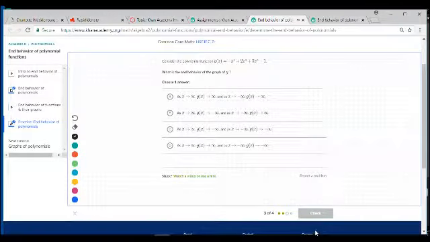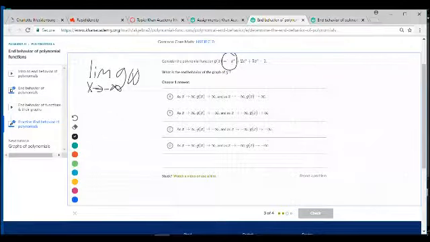Great. Here negative x to the 4th is the leading term, so for both of the cases I'm going to introduce you guys to limit notation. The limit as x approaches negative infinity of g of x is going to be equal to negative infinity, and the limit of g of x as x approaches infinity is going to be equal to infinity.